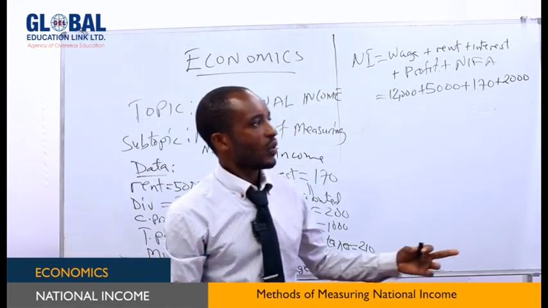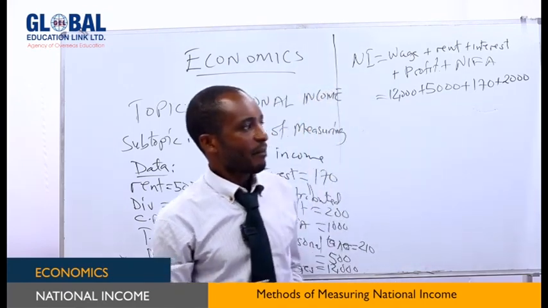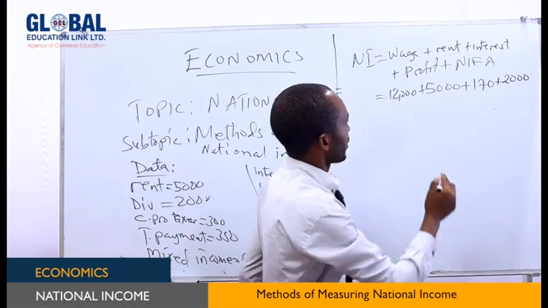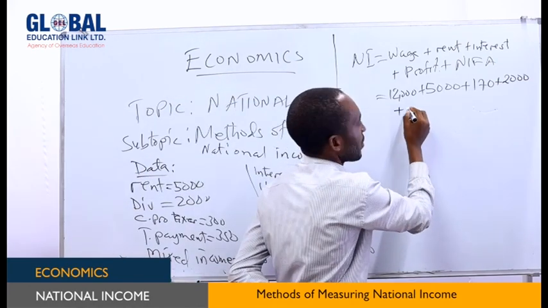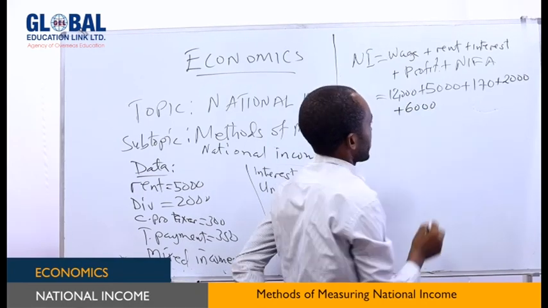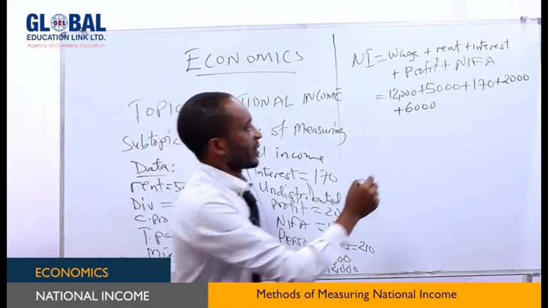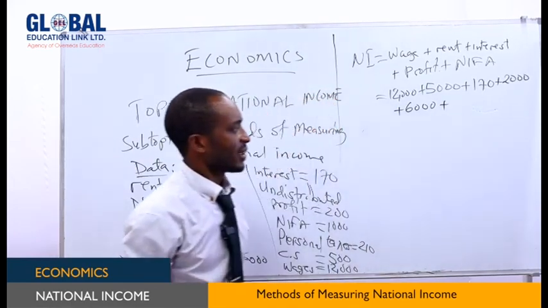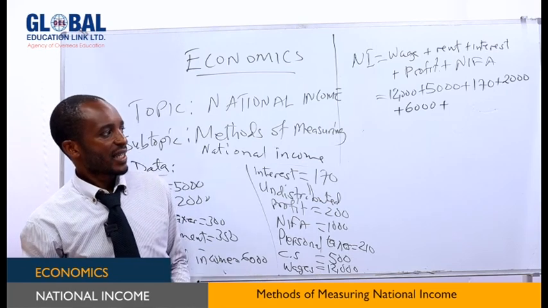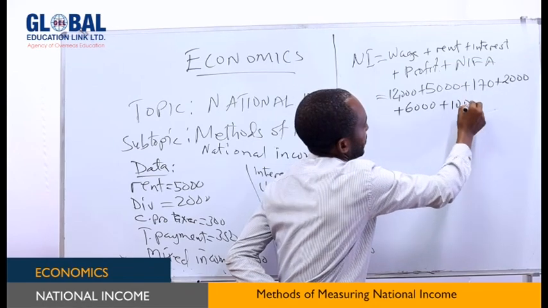Then you need to add the mixed incomes, which is 6,000. Then you add the net factor income from abroad, which is 1,000.